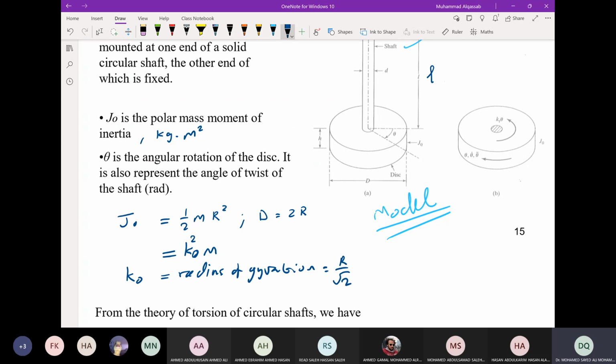We usually use the radius of gyration for more complex shapes, and usually they are found experimentally. This is for the moment of inertia of a complex shape where we don't have a straightforward equation like half m r squared.